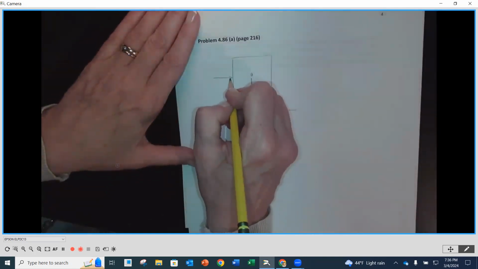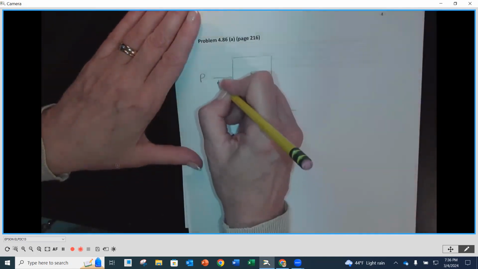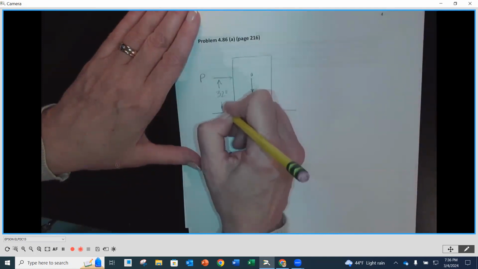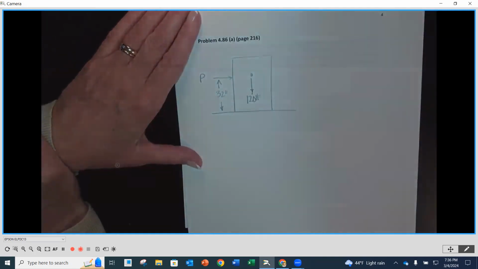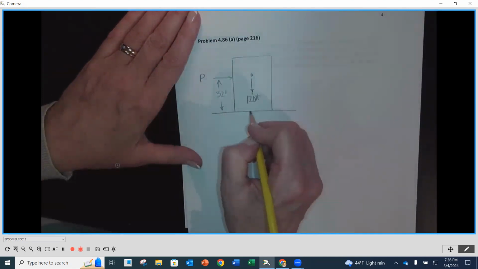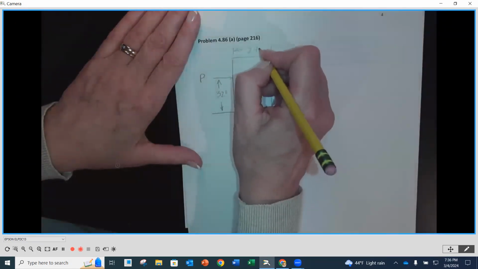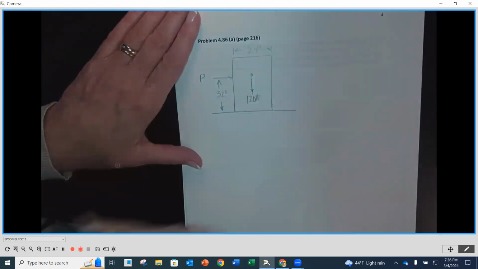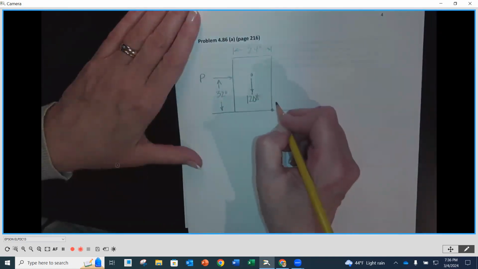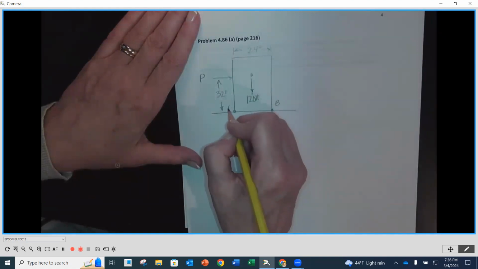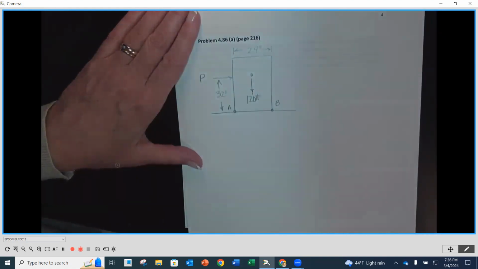And I know that force P is 32 inches above the ground level. I know that the width here is 24, so we can put that on. And I know that this point is B and this point is A.